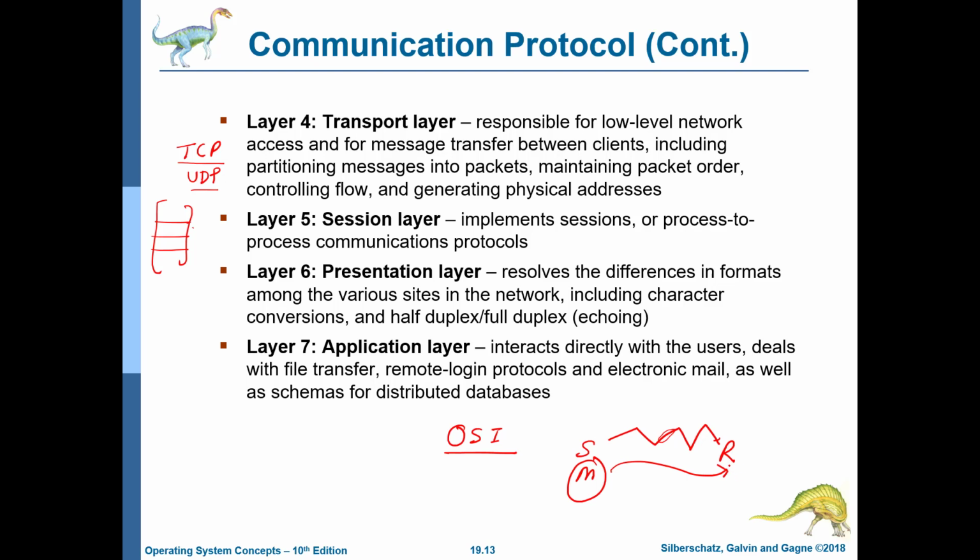Errors are not the main issue; it's basically packet drops, but packets could be dropped because of errors or simply because there is too much congestion in the network, so flow control is done. Finally, it is also possible that different packets in a message can take different routes, so reassembly in the correct order is also done. TCP in that sense is quite a heavyweight layer, layer 4. It's a fat layer.